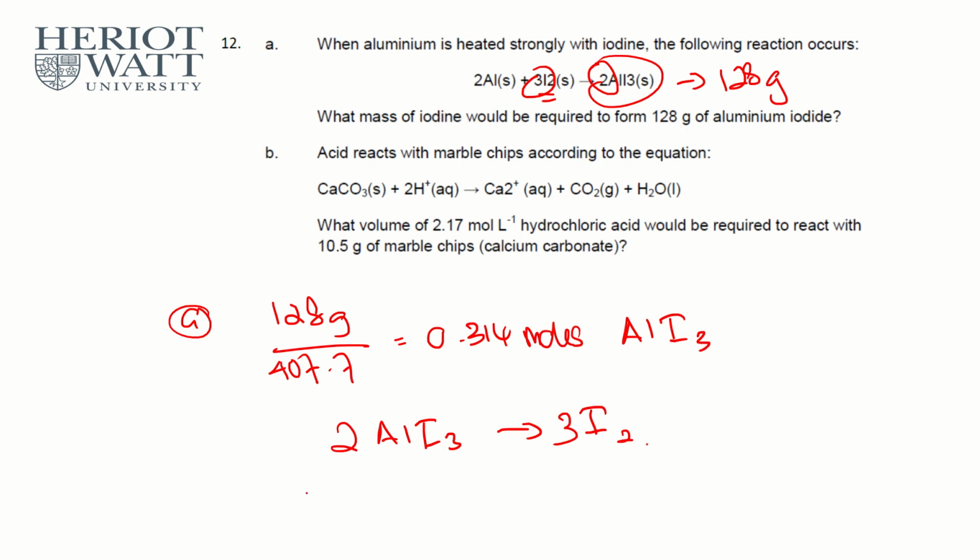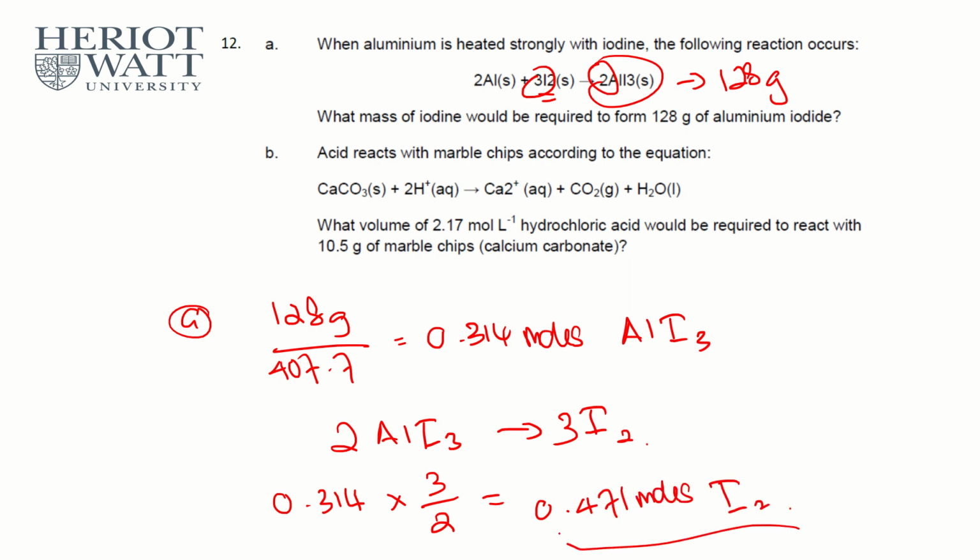So the ratio is 2 to 3, which means I'm going to use 0.314 of aluminum iodide multiplied by 3 over 2. You will get the mole of iodine, and the mole of iodine here is supposed to be 0.471 moles of iodine. So this is the mole of iodine needed.